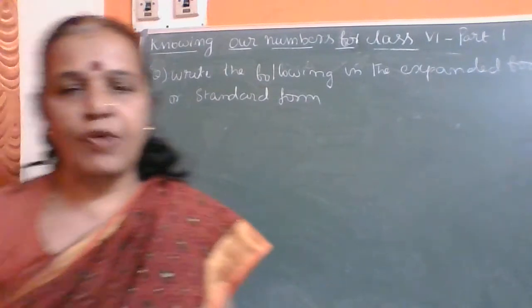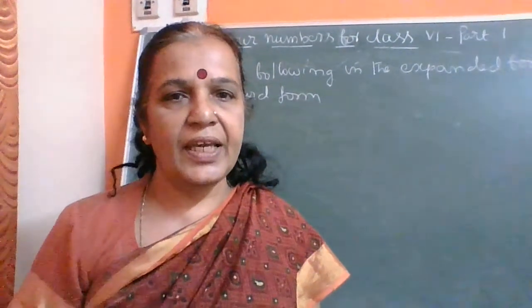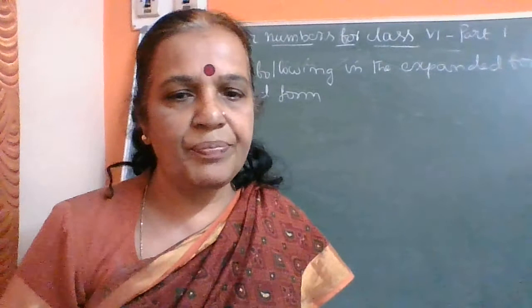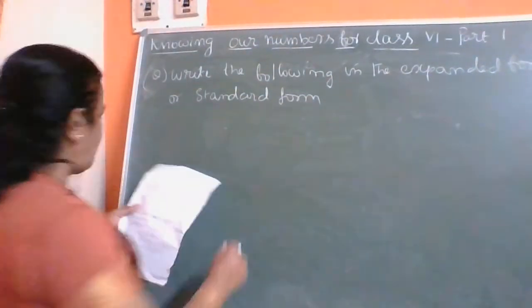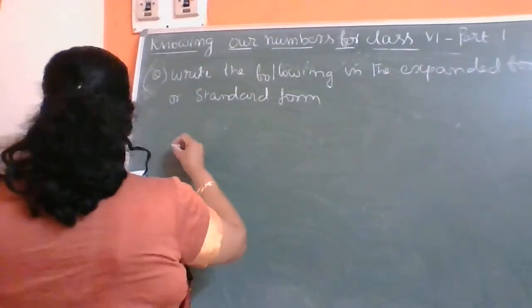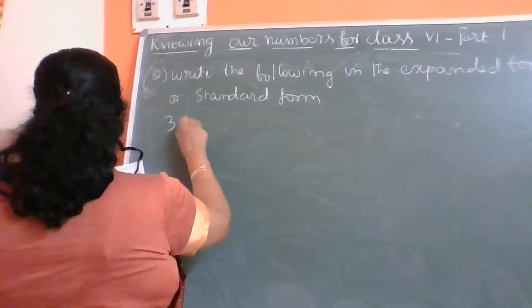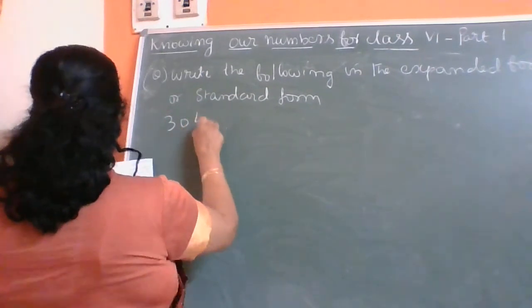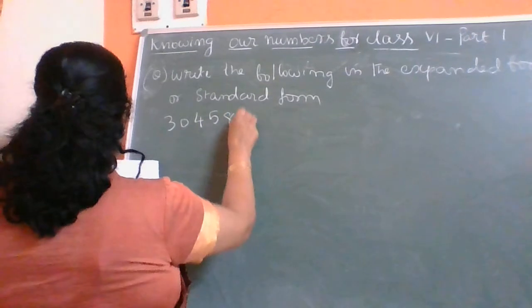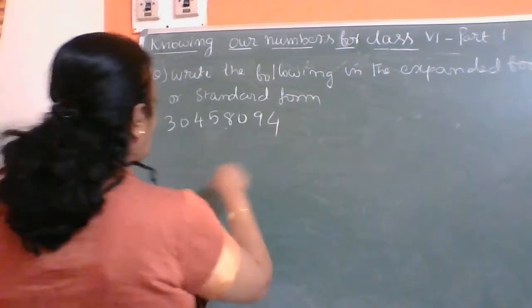Write the following in the expanded form or the standard form, and one of the numbers which I have taken is 30458094.